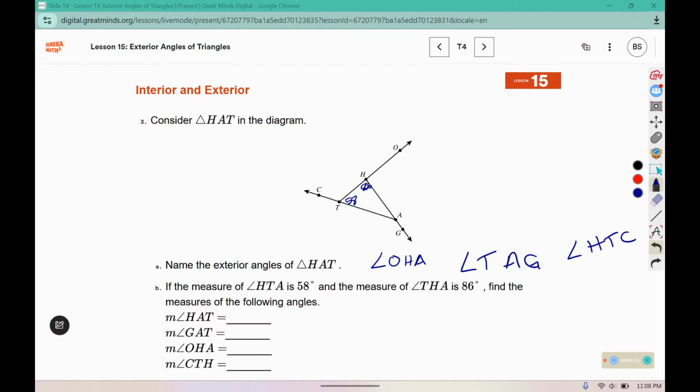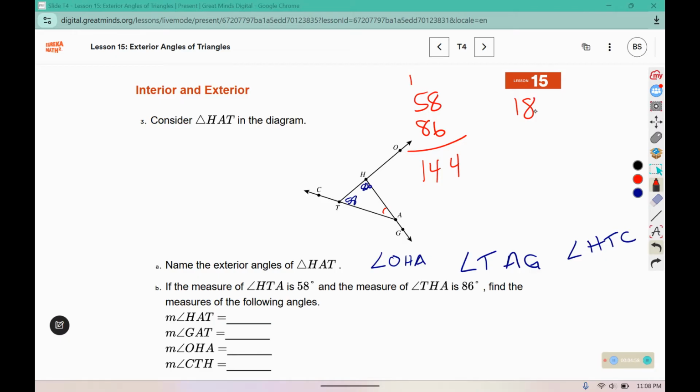Find the measure of the following angles. HAT is that missing angle inside the triangle. Well, 58 plus 86. 8 plus 6 is 14. 5 plus 1 plus 8 makes 14.